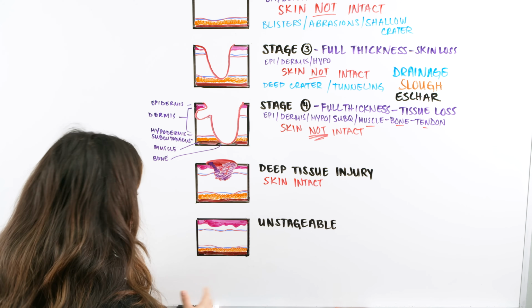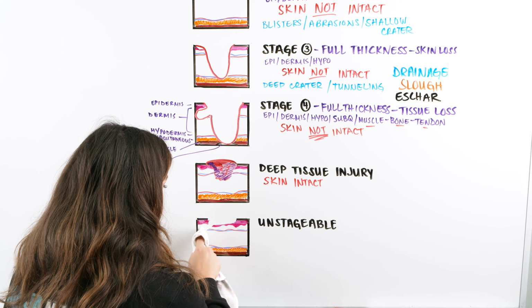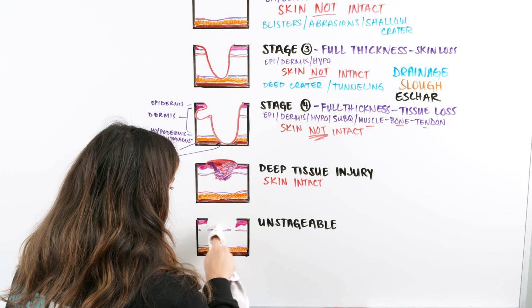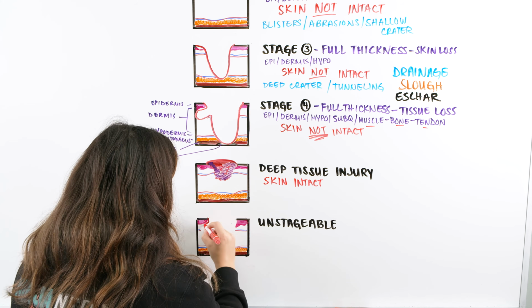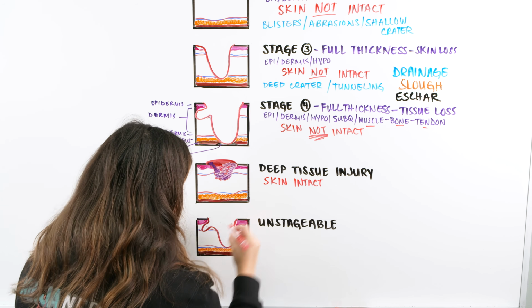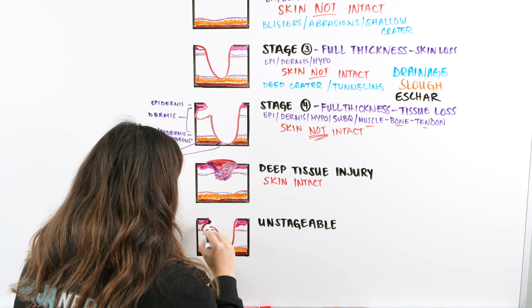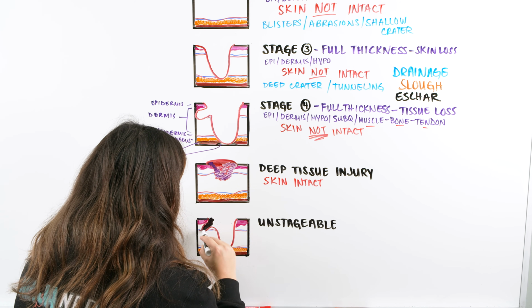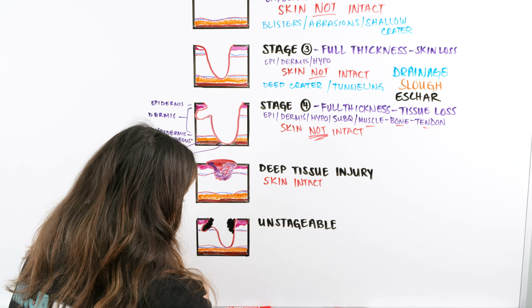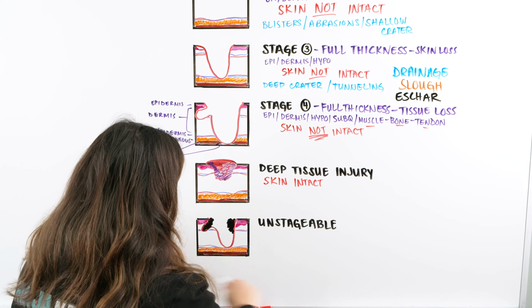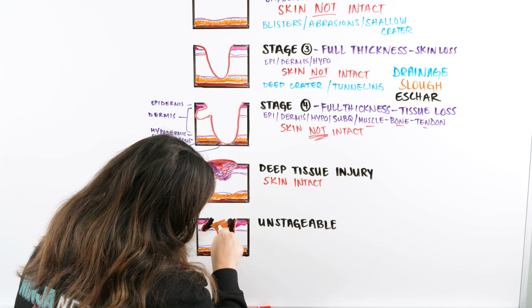And then we have the last category here, which is the unstageable, which is something that if you ever see it in real life, you're never gonna forget it. And that has to do with a potential wound that is so blocked up with maybe slough and eschar that you can't quite see what's being exposed because there's just so much junk and stuff within it, right? We don't know what's going on.